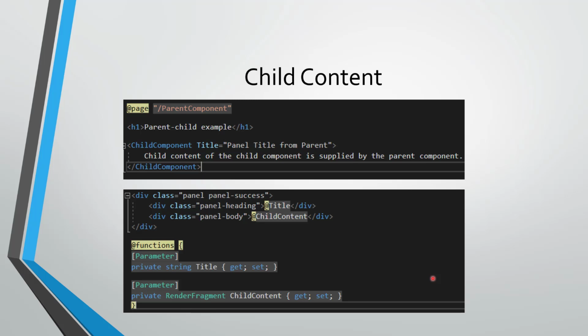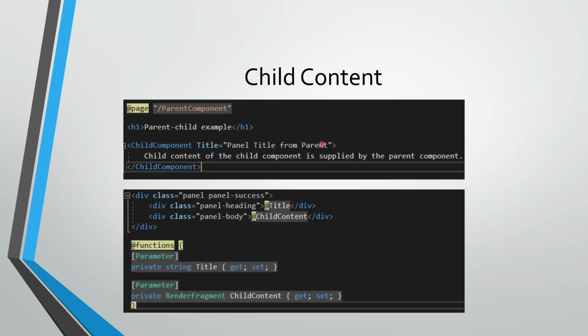So child content. One of the things that's kind of cool is that we can build a page and we can have a child component, which is defined down here. And inside that component we can have, this is just showing a line of text, but it could be another component, it could be random HTML markup, etc. And that all happens by virtue of having a child content property named ChildContent, and it needs to be type RenderFragment.